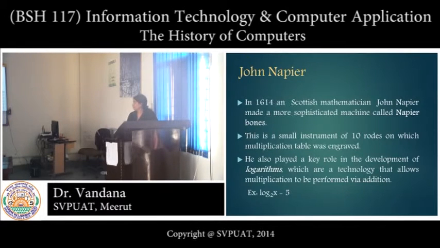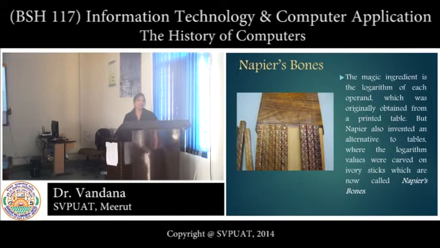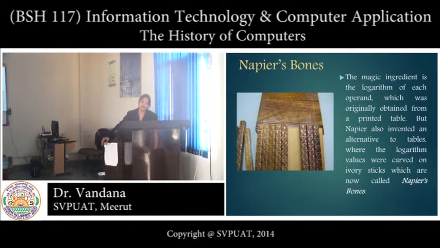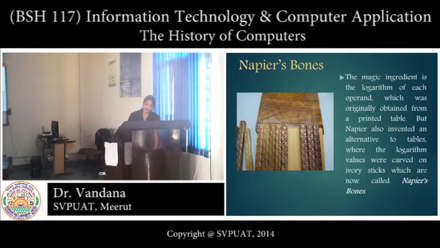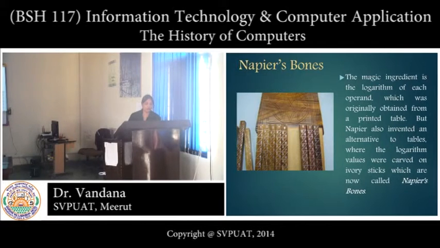Afterward, it was John Napier who in 1614 developed a tool with the name Napier's bones. In fact, these were 9 ivory bones where the multiplication table was engraved. Not only this, Napier's bones led to the development of algorithms.